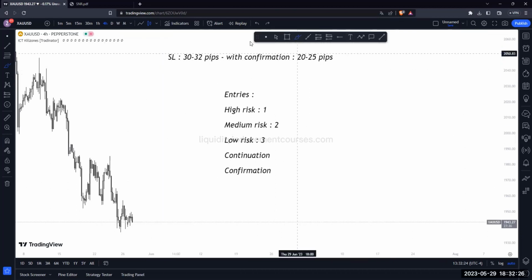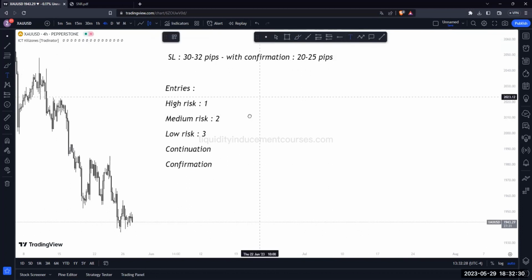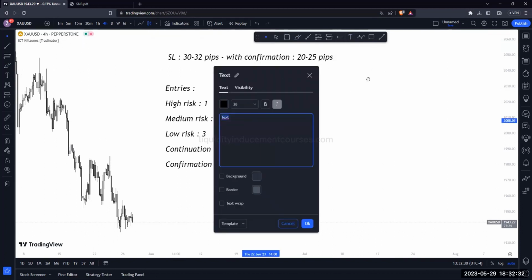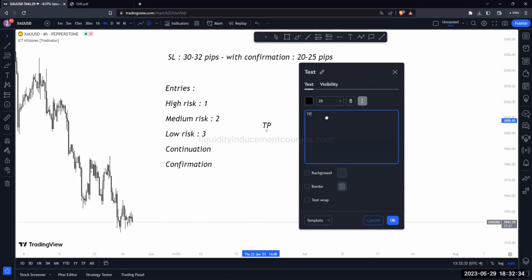Understood? Yeah. So for medium risk, okay, for high risk, actually, TP, and you have the break even and partials. For TP, you're going to have like 80, and then medium risk you can have 100 to 120.